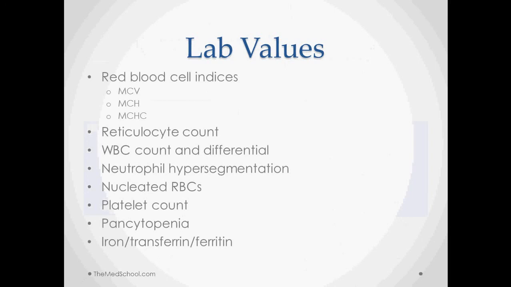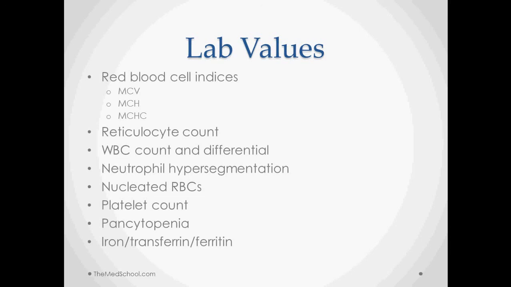The mean corpuscular hemoglobin gives us some of the same information. Mean corpuscular hemoglobin concentration helps us to identify changes in red blood cell shape. For example, spherocytosis will have a characteristic mean corpuscular hemoglobin concentration. Reticulocyte count will help us to know if we are producing new red blood cells.